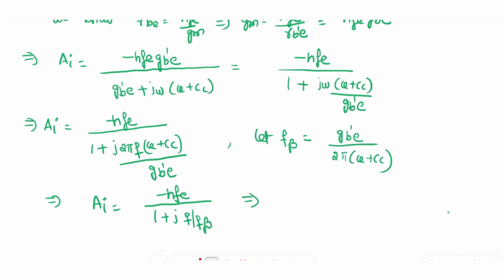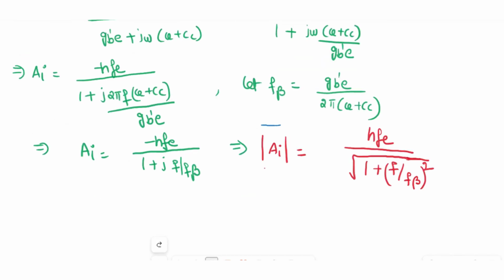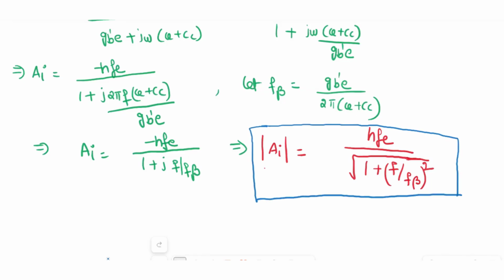If you take the modulus, mod Ai is hfe by, as this is complex, square root of 1 plus f by f beta whole square. So this is the expression for the short circuit current gain. Okay.